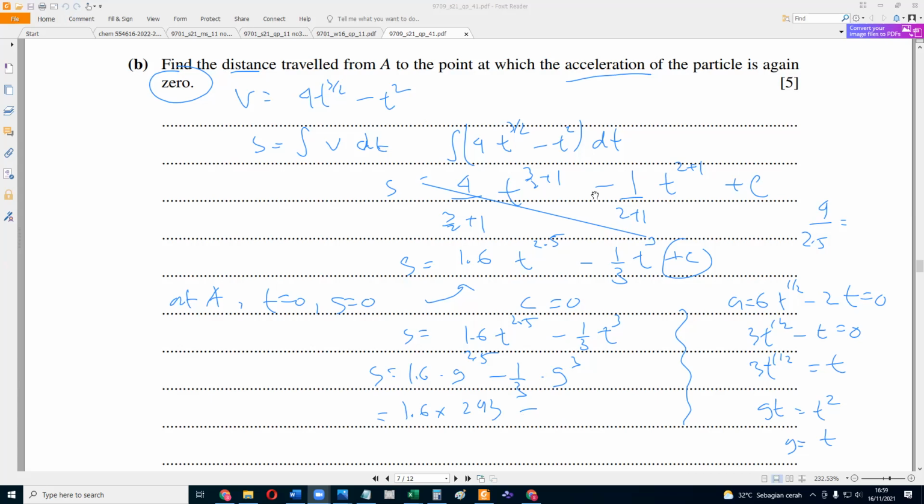Also, you use the value of t. Oh, okay, I got it. So you just calculate the number there. It's 0.6 times 243.